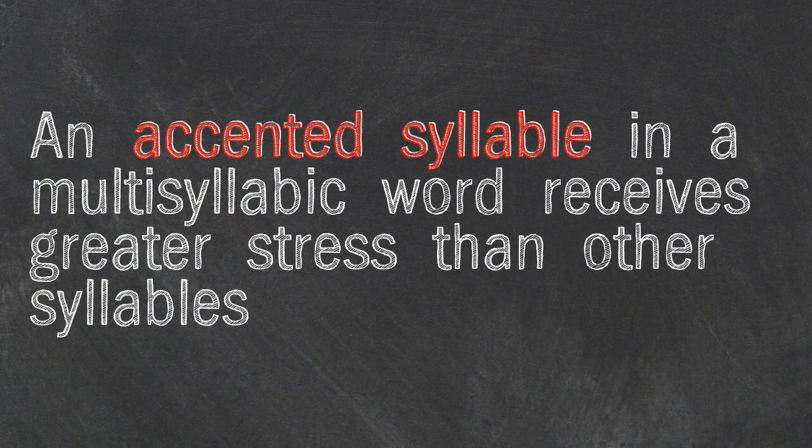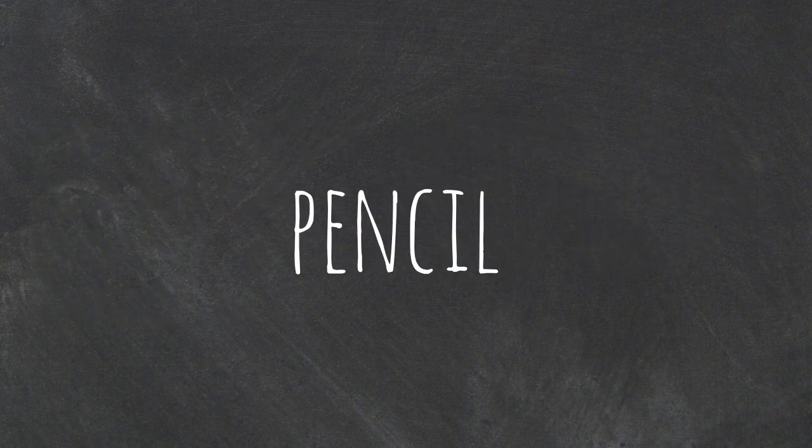So we only really have to be thinking about an accented versus unaccented syllable when we're dealing with words that have more than one syllable in them, or are multisyllabic. To illustrate this, let's look at pencil. Pencil has two vowel phonemes in it, so we have to break it up into its two different syllables.